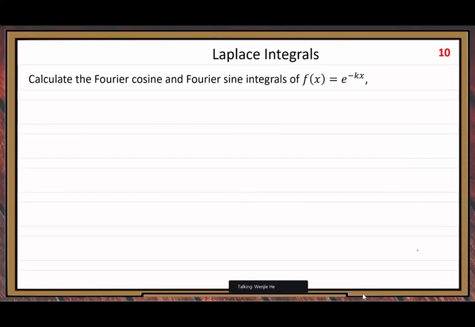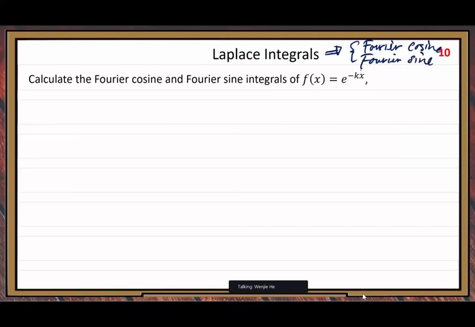When we do the Laplace integral, we want to connect it to Fourier cosine integrals and Fourier sine integrals, these two ways.